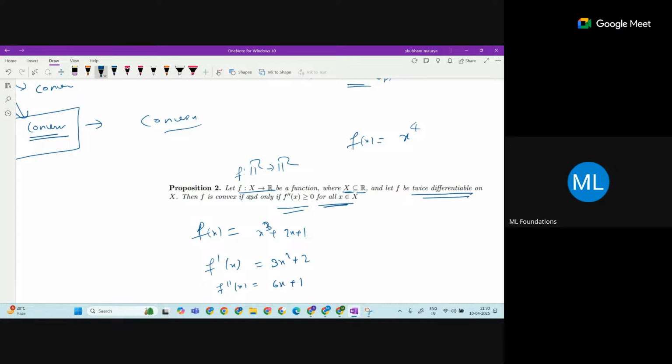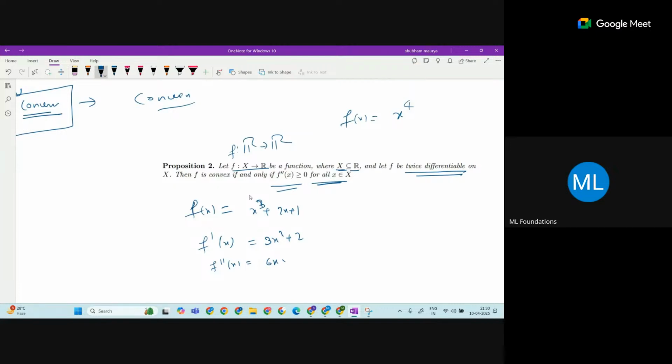Is this 6x always greater than 0 for whole R? No. If you take negative x, then it will be negative. So this function is not convex.